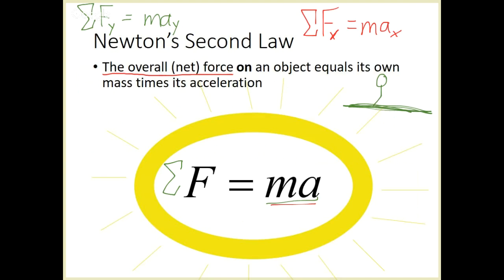If I've got a sprinter right here, who's accelerating to the right, then I can still use the y equation, because the sum of all the forces in the y direction, even though he's accelerating to the right, is going to come to 0, because there will be no y acceleration. So I can use that to figure out this guy's normal force.